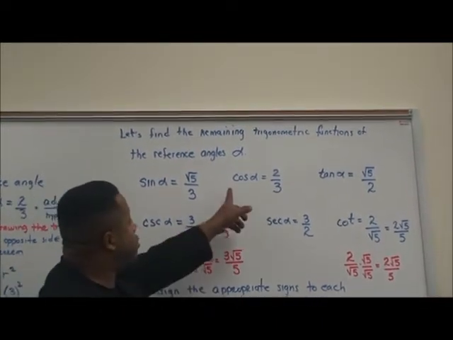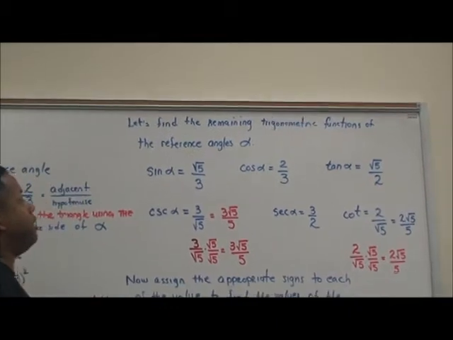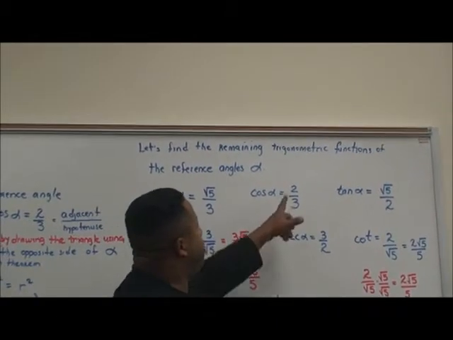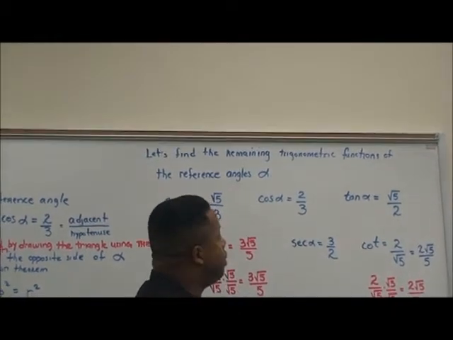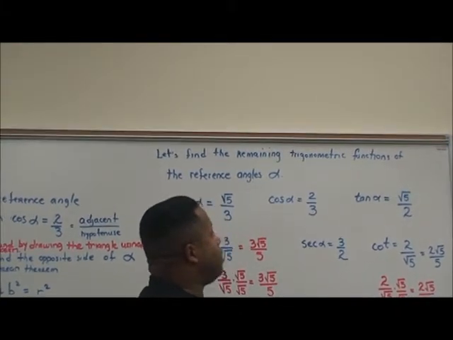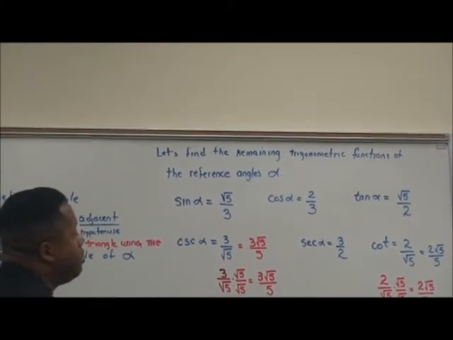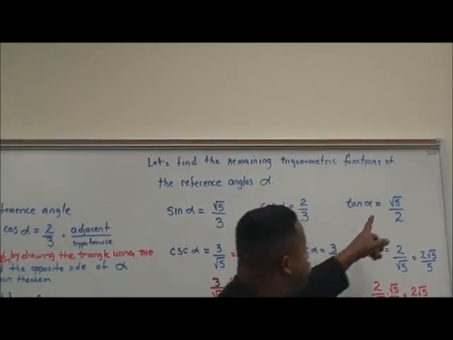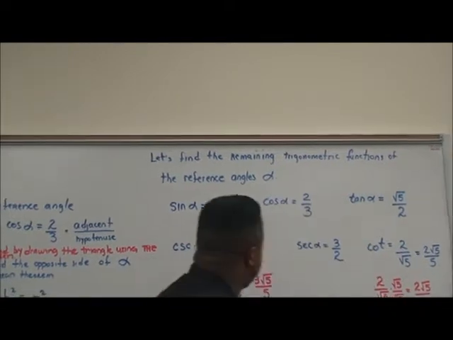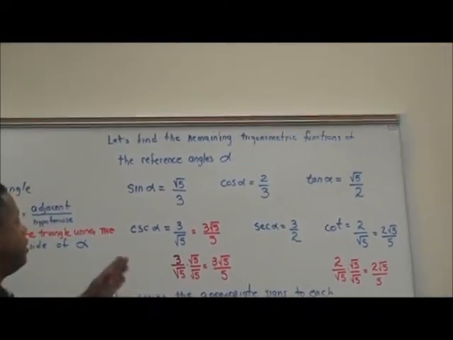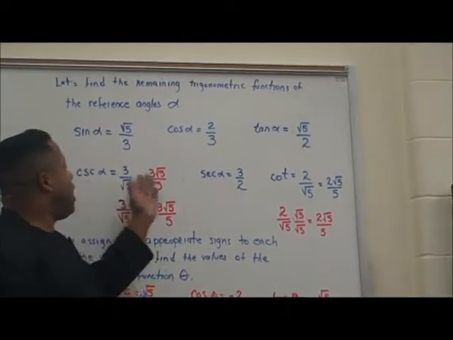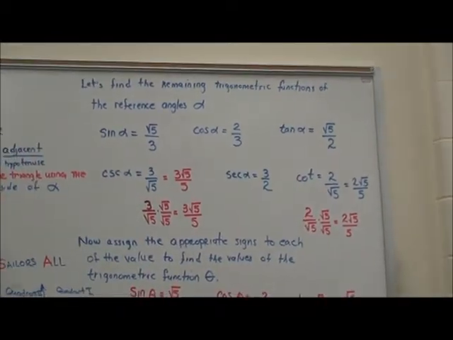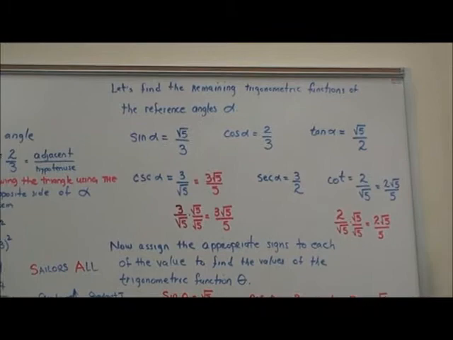Cosine alpha is the adjacent side over the hypotenuse, and that'll be 2 over 3. Tan alpha is the opposite side over the adjacent side, which is the square root of 5 over 2. And then of course, these are our cosecant alpha, secant alpha, and cotangent alpha. These are our reciprocal identities.